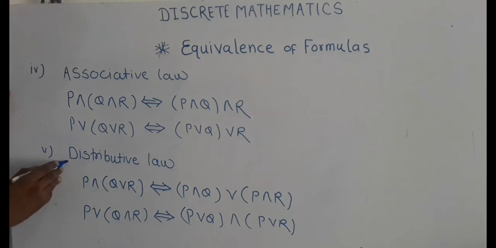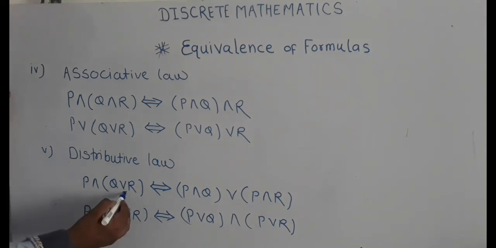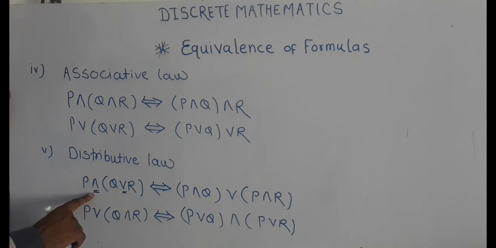Now the fifth law is the distributive law. If inside the bracket and outside the bracket there are different connectives, then we have to use the distributive law. We'll see the first, that is P and in bracket Q or R. Means inside the bracket there is or, outside the bracket there is and.